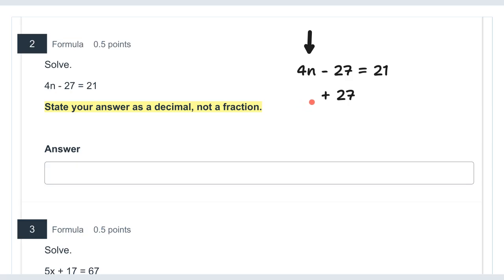Now, when we add 27 here, what happens? The plus and the minus 27s are gone, and we're going to be left with 4n. Since we added 27 to the left side, we also have to add 27 to the right side of the equation.